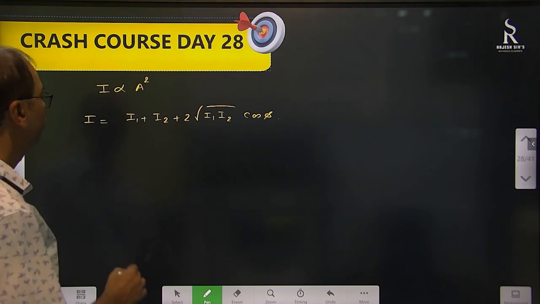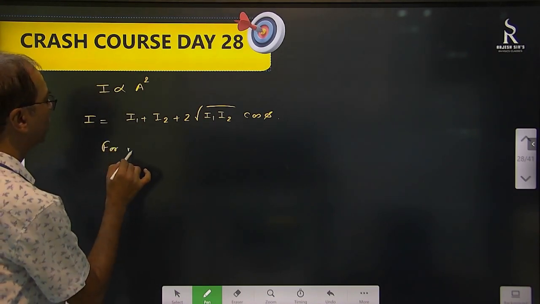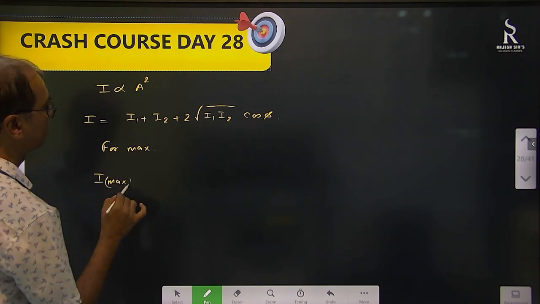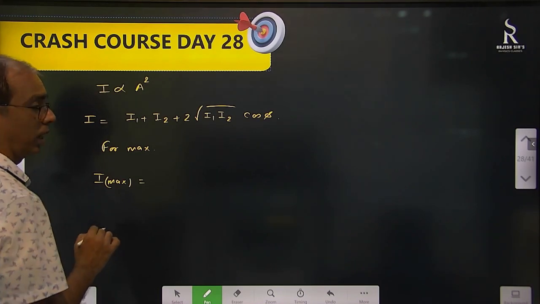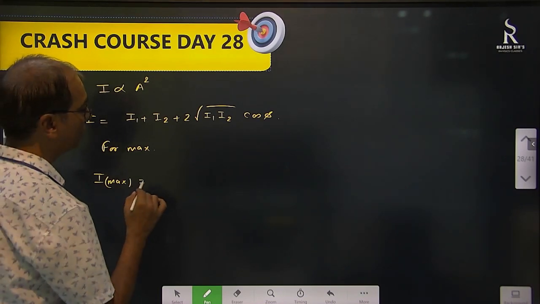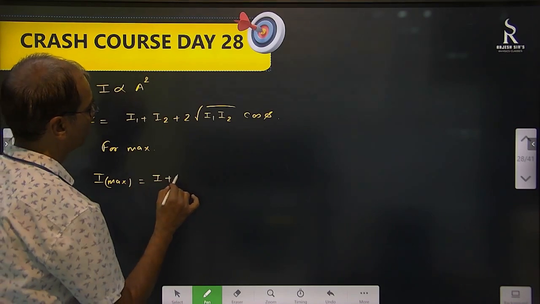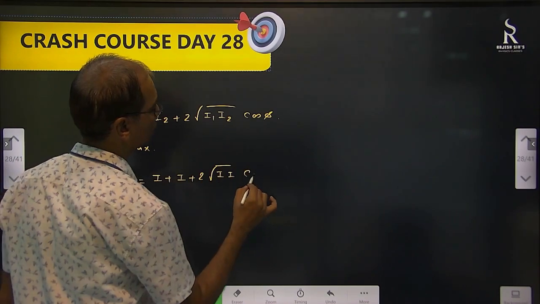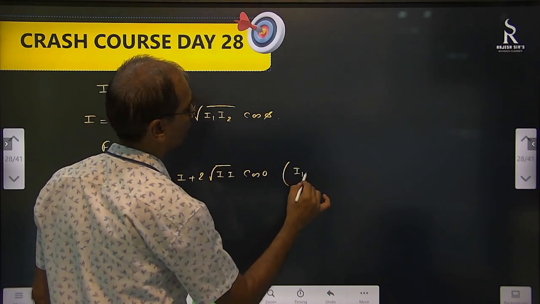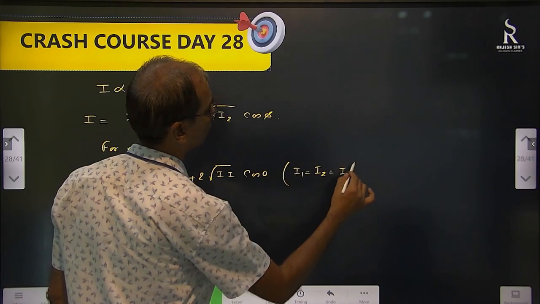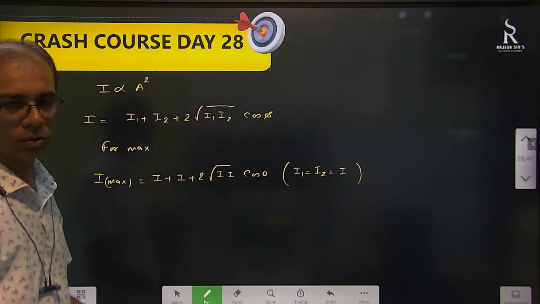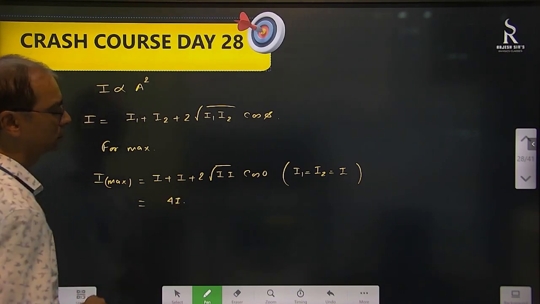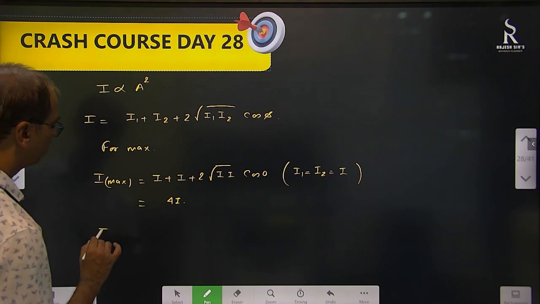Now for maximum intensity, the condition we already have. So for I max, when I1 is equal to I2, then this will be I plus I plus 2 root over I into I, cos 0. We are taking I1 equal to I2 equal to I. That means intensity of both the sources is same, or amplitude of both sources is same. So I max is coming as 4I, and I minimum will come 0.